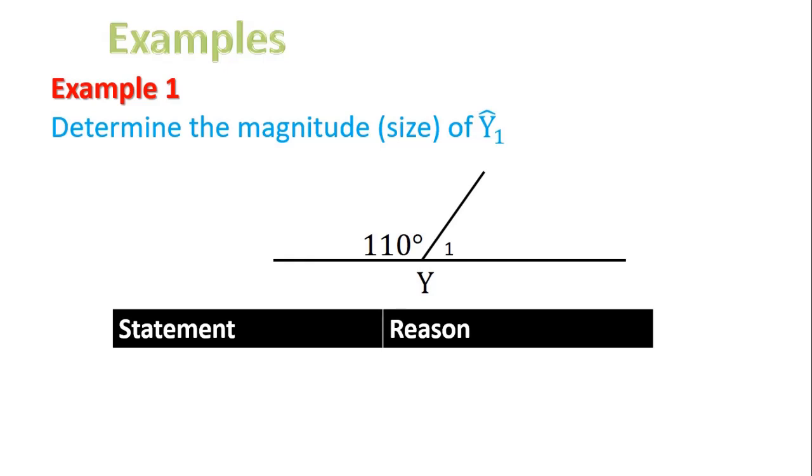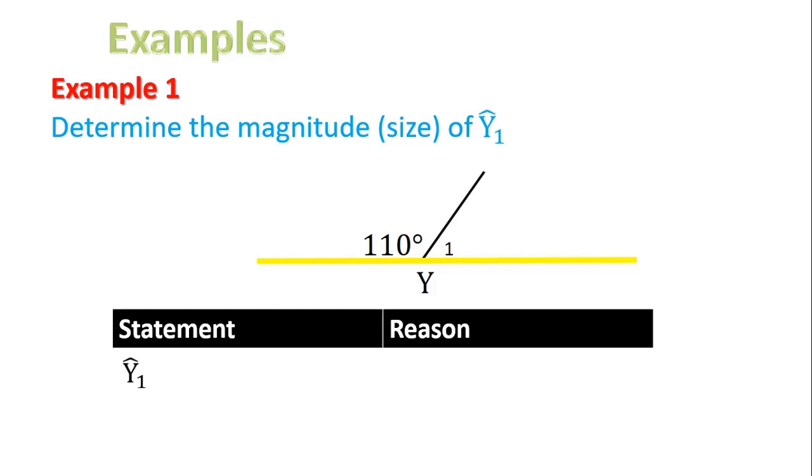Whenever we're doing this type of thing, what I would suggest is that you use a straight line. And so if we highlight that line over there, we can see what would add up to 180 degrees. Because it's a straight line, we know straight away that 110 plus y1 will equal 180 degrees. Let's write that down as our statement.